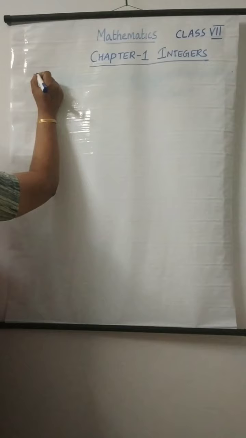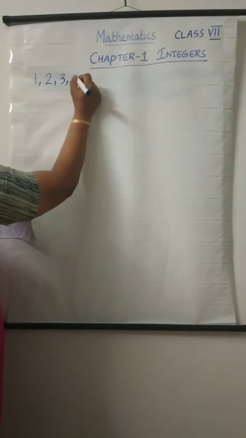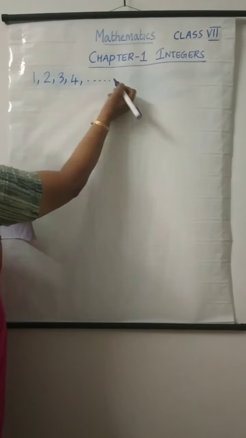Today we are going to study the first chapter, integers. Now what are integers? 1, 2, 3, 4, etc. are counting numbers, and they are known as counting numbers or natural numbers.